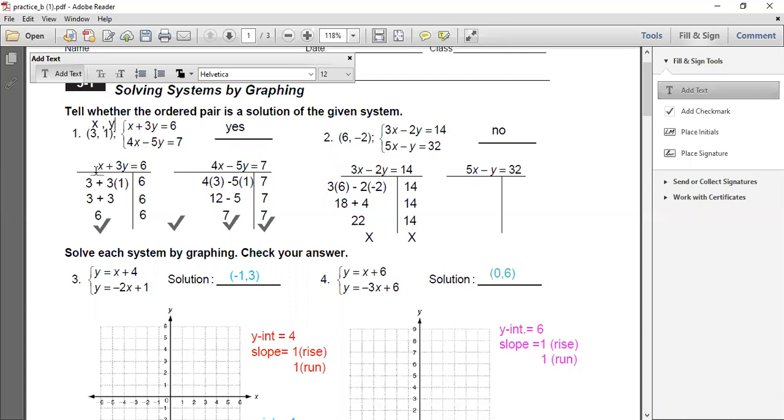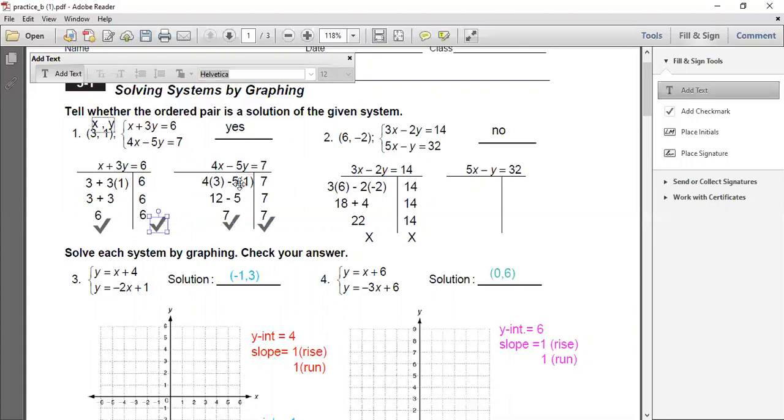So in place of x, that's 3 plus 3 multiplied by y. This side should be 6 because on the other side of the equation it was 6. So 3 multiplied by 1 is 3, and 3 plus 3 is 6. So 6 equals 6.